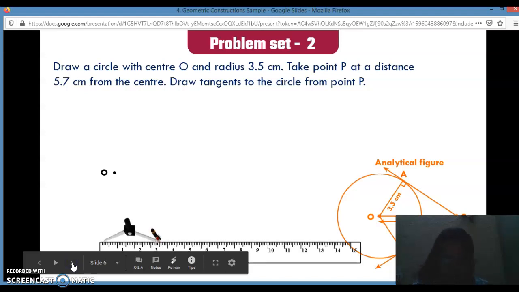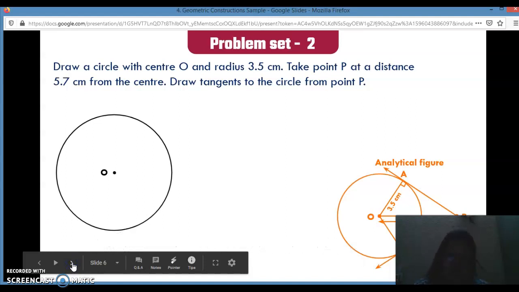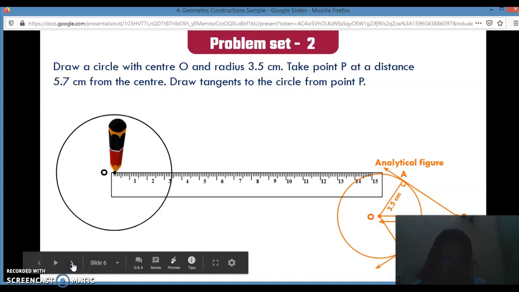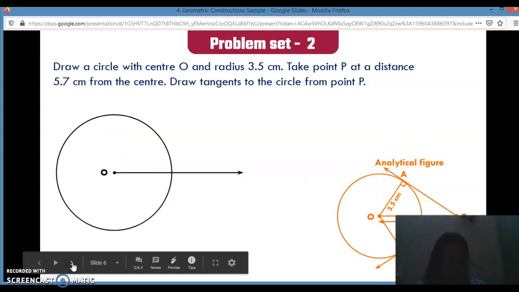Center O, 3.5 cm radius. We will measure it from the scale. The circle is drawn. Then randomly you will just draw a line.